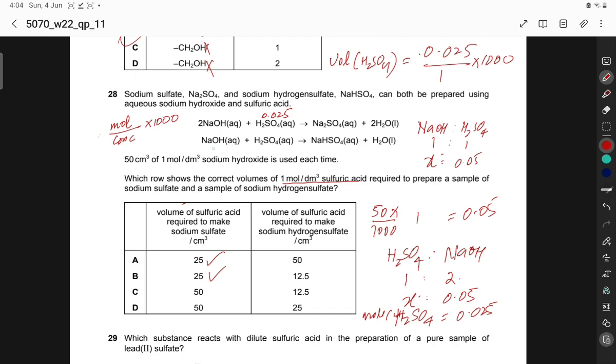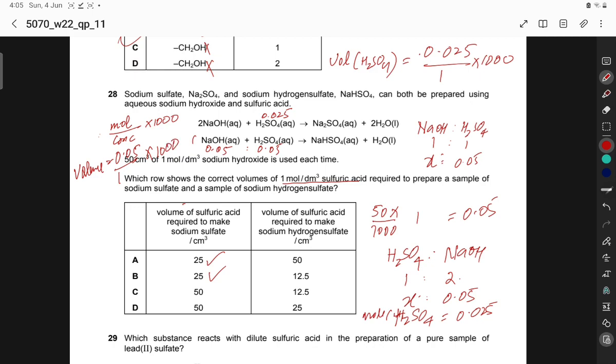second volume, sodium hydroxide and sulfuric acid. If the mole ratio over here is 1:1, and it is 0.05 mole, so the same mole here, and by calculating, volume is equal to 0.05 divided by 1 mole per dm cube of sulfuric acid, into 1000.